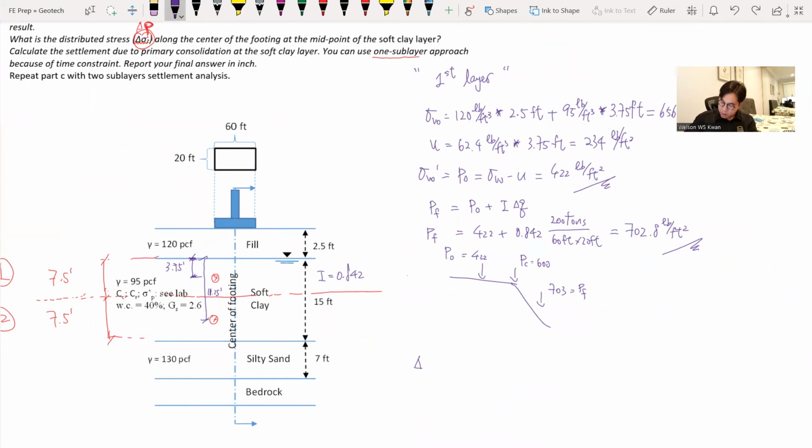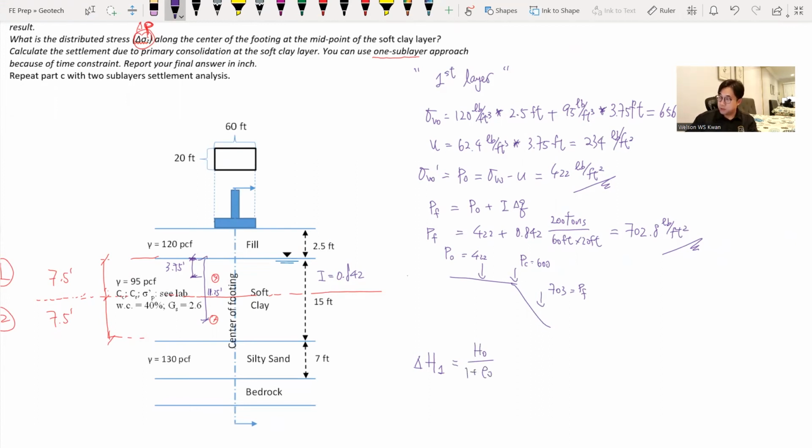We can even put down the whole equation from the FE manual, and we are dealing with the first sublayer. Delta e equals the delta e, we know it already, H naught divided by 1 plus e naught times delta e.